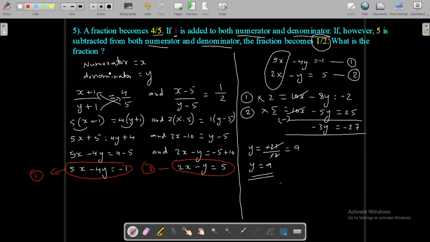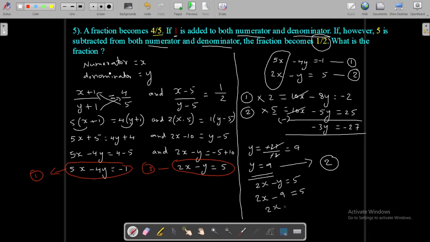So now I will substitute this y is equal to 9 in equation 2, or any equation you can substitute, but here I am substituting in the second equation. Why? Because this one is easy. So I will take 2x minus y is equal to 5. So 2x minus 9 is equal to 5.